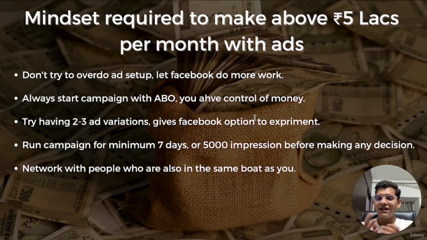Facebook is nothing but artificial intelligence software, and all these machines, all these AI things, need to understand your demands. In the first 2 to 3 days, it's understanding what this ad account's owner wants from me. He wants people in India who are interested in dog breeds like Labrador.